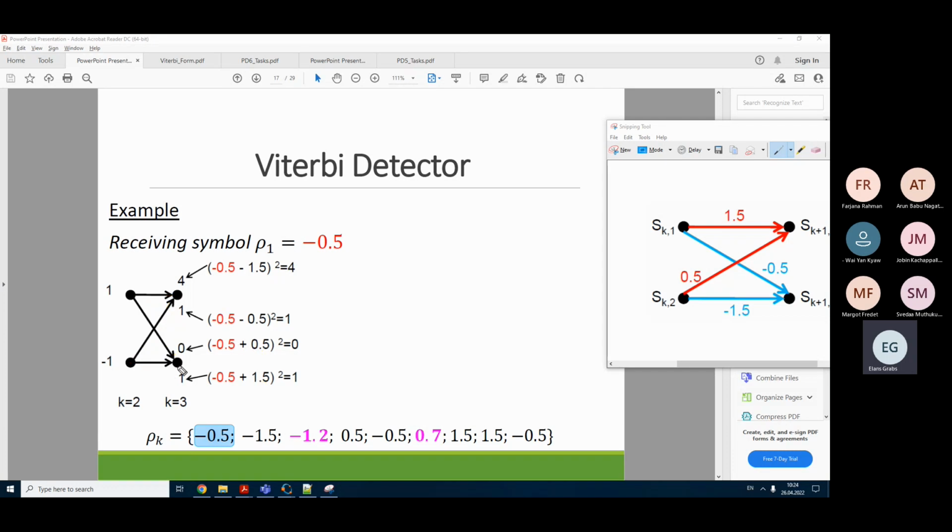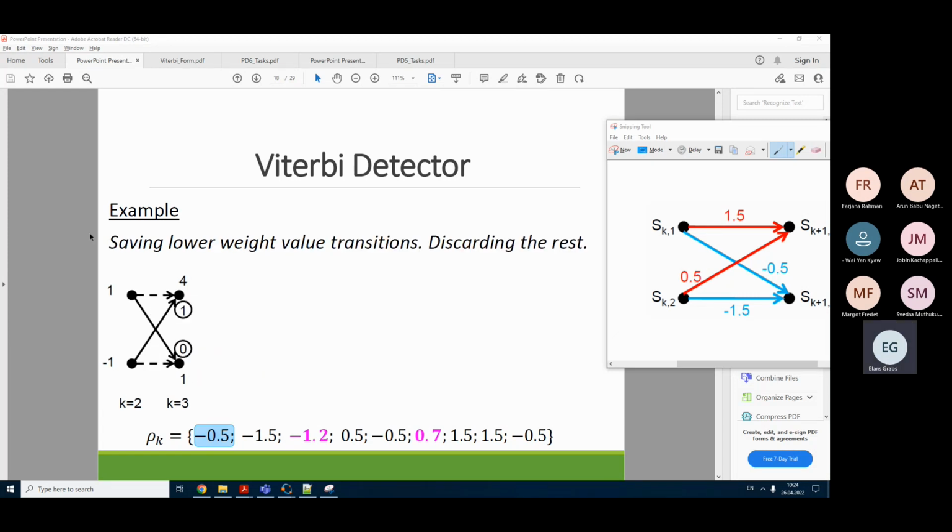So we have calculated all these metrics. And now we need to choose for each of these states the smaller one of the two metrics. So we choose here 1, which is smaller, and here we choose 0, which is smaller. Accordingly, of these two paths incoming to this state, only the path with the smaller metric remains. So we can say that we erase these paths and are left only with these two paths.